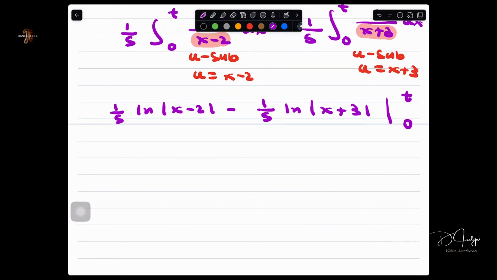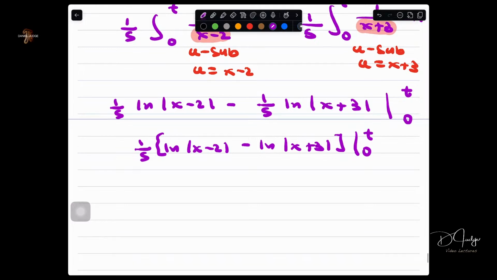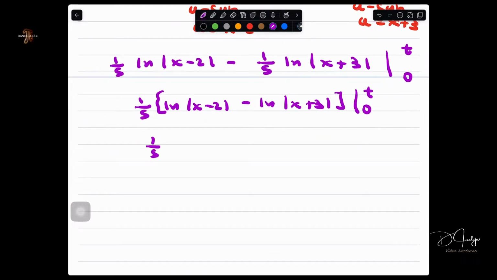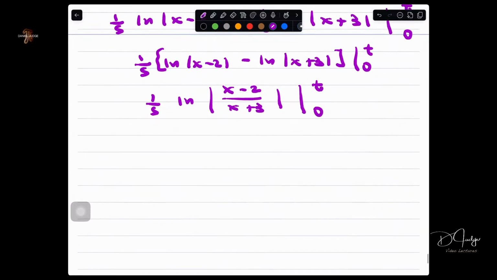And, okay, I think we can simplify this a bit. This would be 1/5 natural log absolute value x minus 2 minus natural log absolute value x plus 3. 0 to t, we end up with 1/5 natural log absolute value x minus 2 over x plus 3, by using properties of natural log: a difference is the natural log of a quotient.